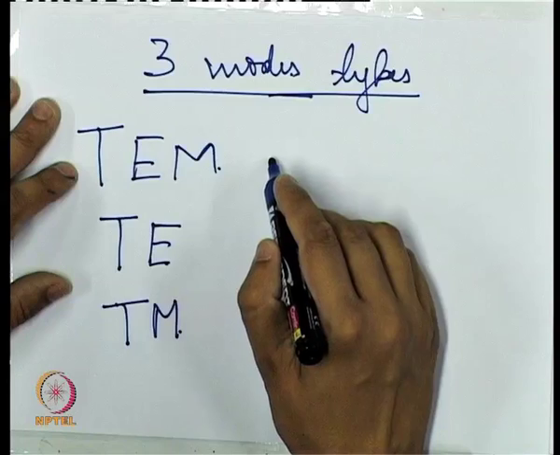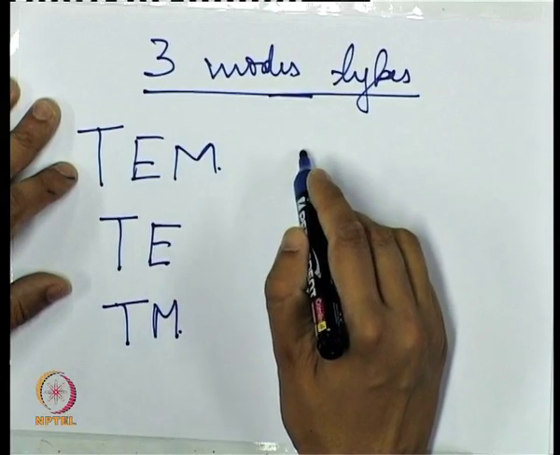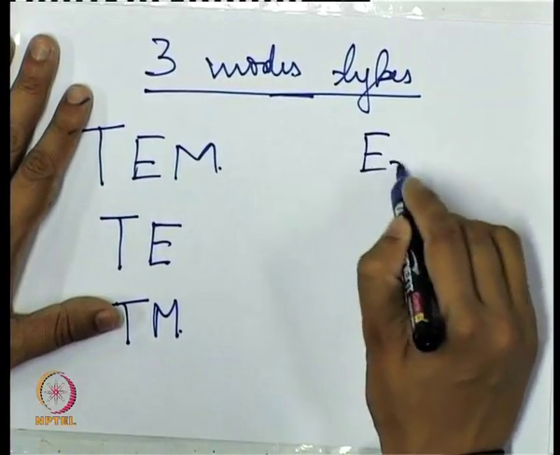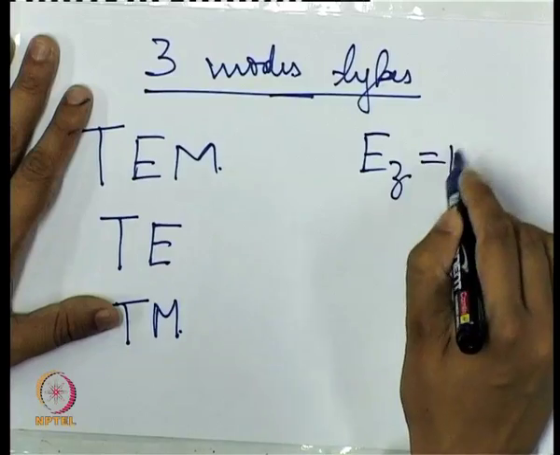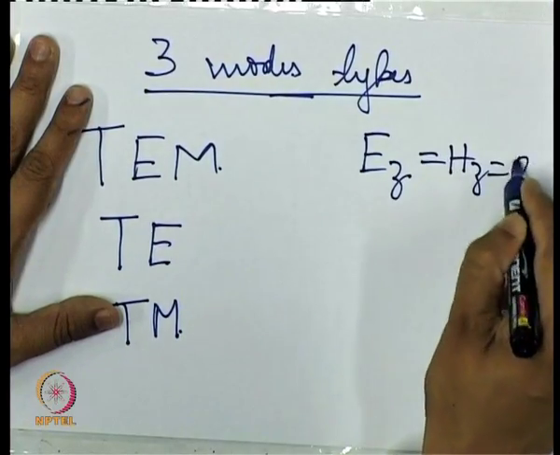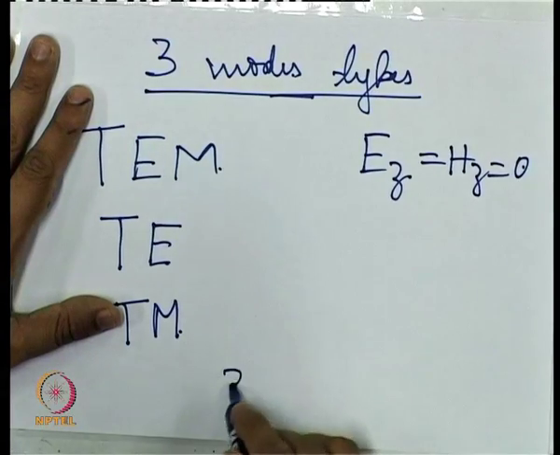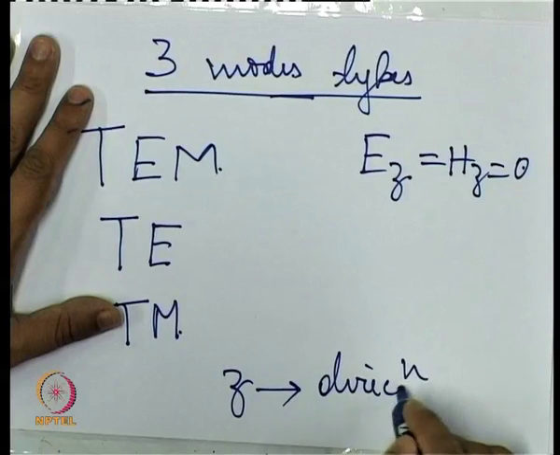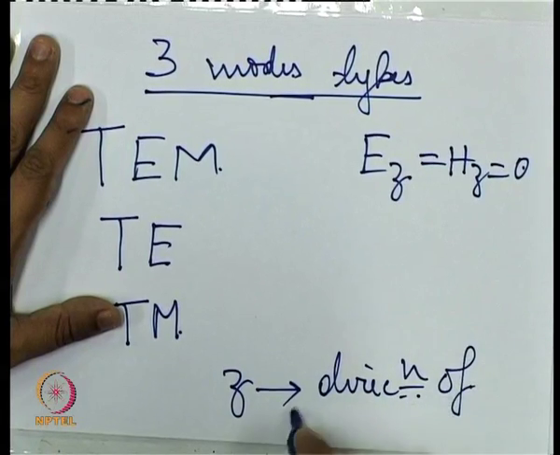TEM modes are where both the electric and magnetic field are perpendicular to the direction of propagation. So, we have Ez equal to Hz equal to 0, where Z corresponds to the direction of propagation.